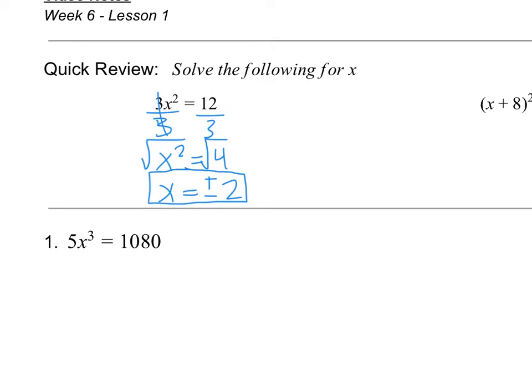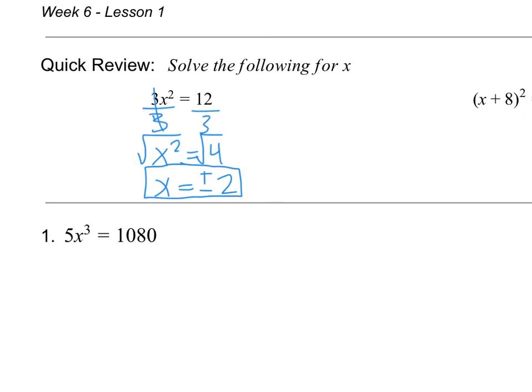That's always going to happen when we have even exponents, right? So 2 is an even exponent, so let's write that here. You get a positive and negative answer. You get both when dealing with even exponents.